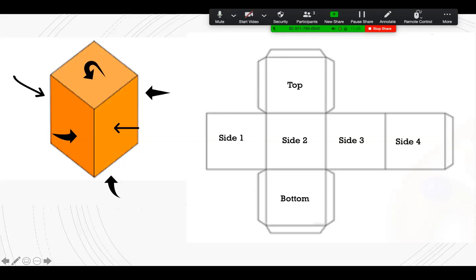Yes. Okay, so to calculate the surface area, once again, what do I need to find out first? The area of what? The area of the cube. No. Listen. We say surface area of the cube, okay?